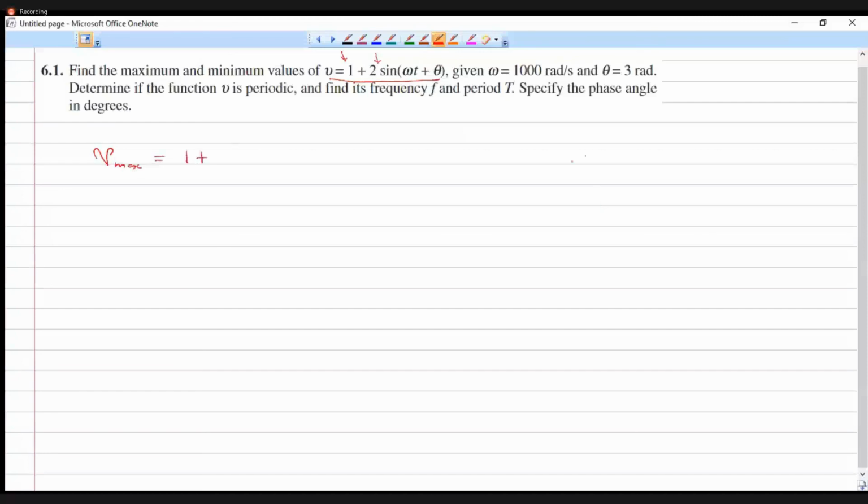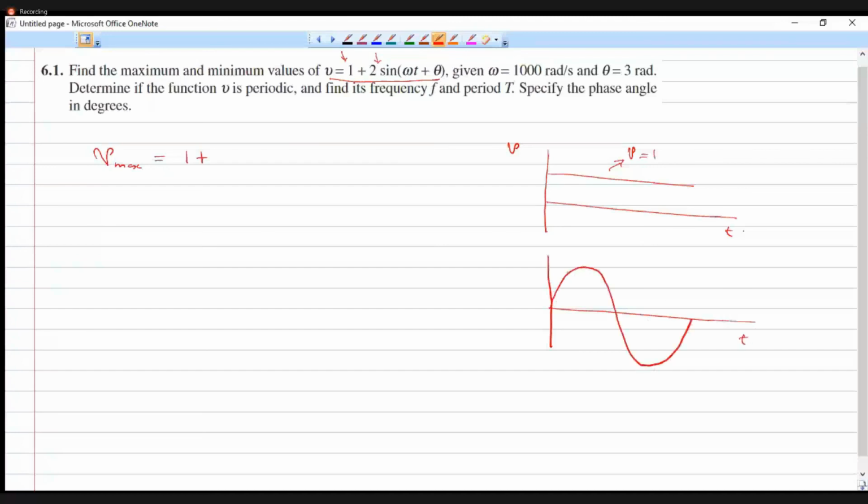Okay, so we are adding these two functions. So V is equal to 1 is this function, and to this function I am adding 2 sine omega t. So this is 2, and this is the function V is equal to 2 sine omega t plus theta.